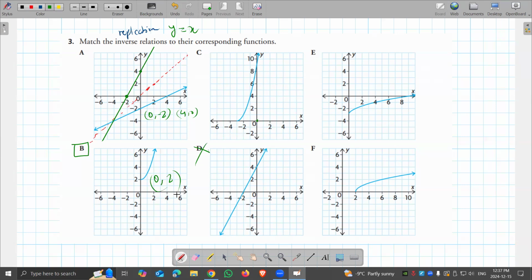So it must go through 2, comma 0, right? If this goes through 0, comma 2, the inverse function must go through 2, comma 0. So the answer to B is F. And that means C, just by the power of elimination, must be E.